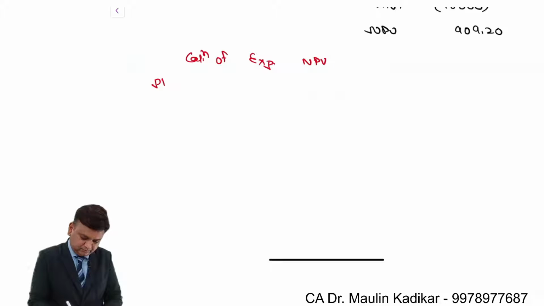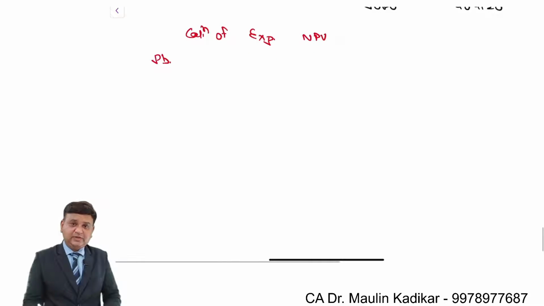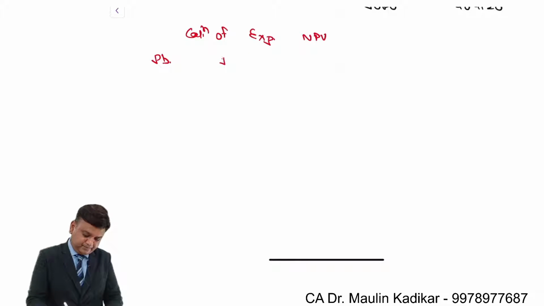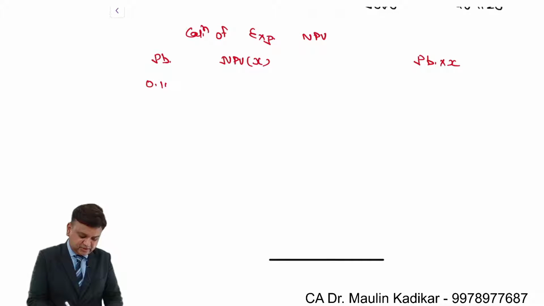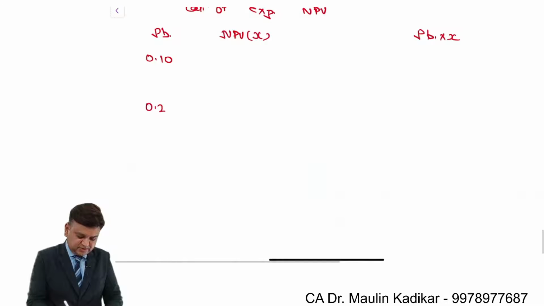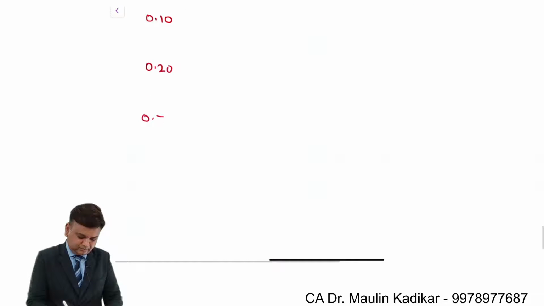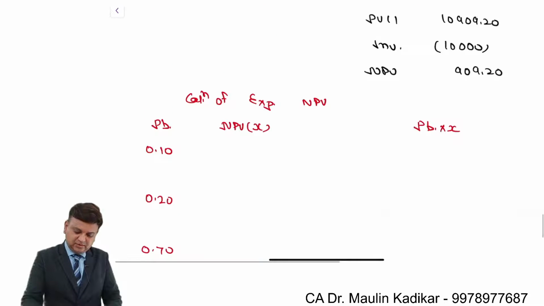Column number 1 is probability. Column number 2 is NPV, to which X variable is assigned. Probability into X. So 10%, 20% and 70%.